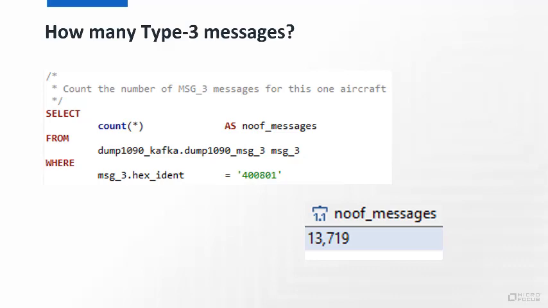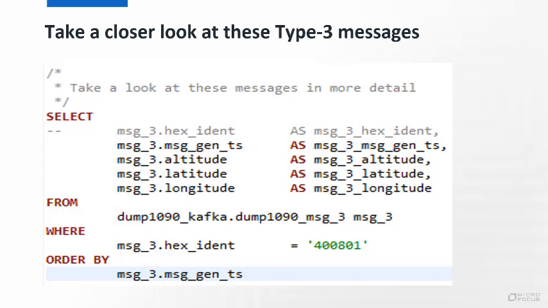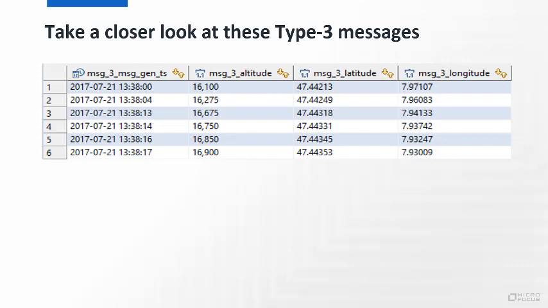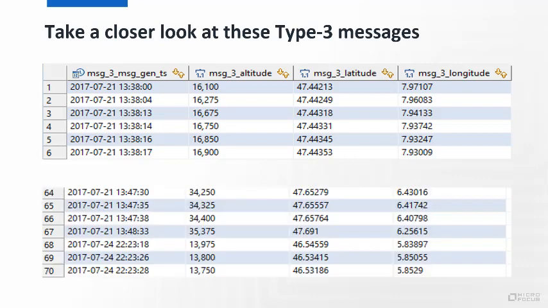Taking a closer look at these Type 3 messages, by issuing a count star on the aircraft registration number, there are approximately 14,000 messages. As we can see, of the 14,000 messages, the first set of messages were seen around 13:38 on the 21st of July up until 13:48, where we had received 68 of these Type 3 messages.